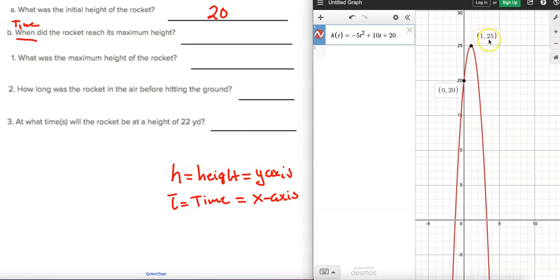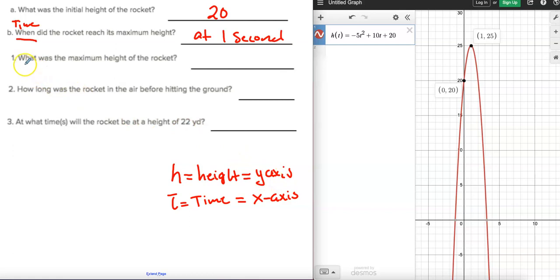So when did the rocket reach its maximum height? After 1 second. So we'll say at 1 second. Remember the t is the time, but we always have to look at our x value or our x-axis to refer to the time.